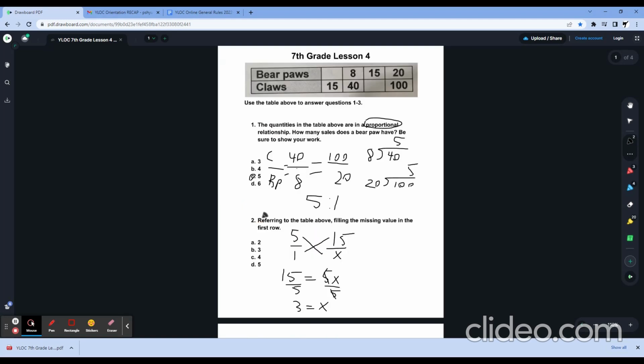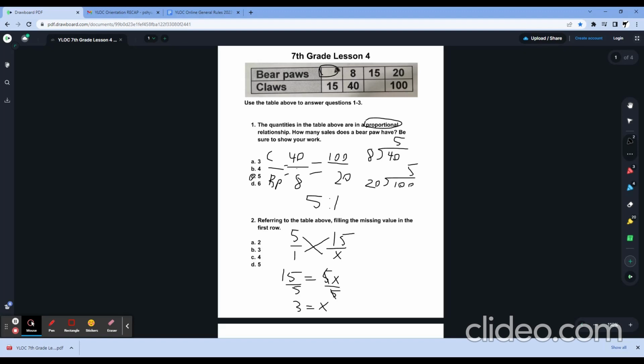And so number 2, referring to the table above, fill in the missing value in the first row. So this one in the first row. We already have the ratio of claws to bear paws, and we are given the number of claws already.